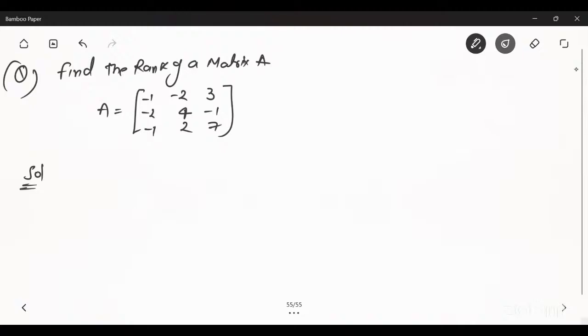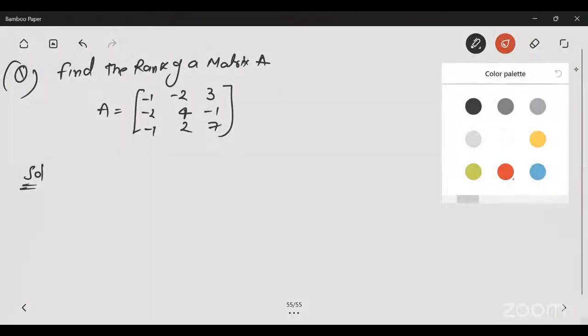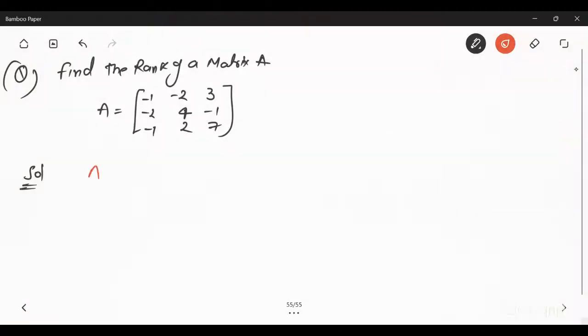Now firstly check the 3 by 3 minor. So the mod is equal to minus 1, minus 2, minus 1, minus 2, 4, 2, 3, minus 1, 7.